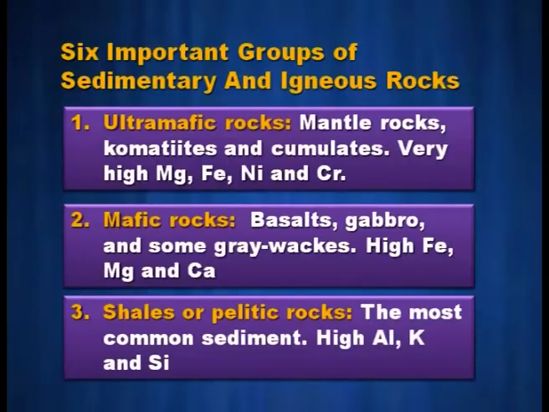First, ultramafic rocks: mantle rocks, komatiite and cumulates, with very high Mg, Fe, nickel and chromium. Second, mafic rocks: basalt, gabbro and some graywacke, with high Fe, Mg and calcium.